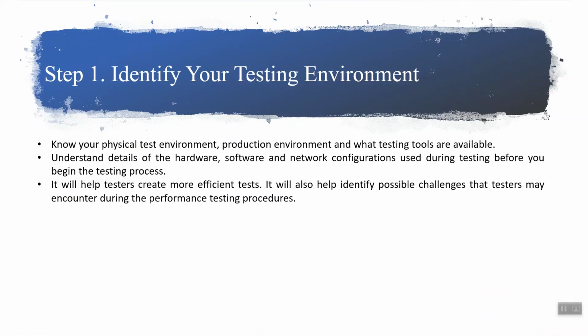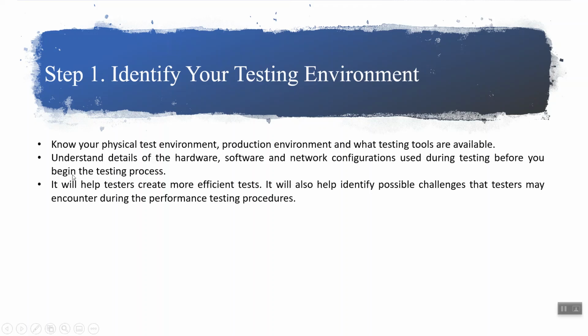First one is identify your testing environment. Here, a tester needs to know your testing environment, which environment they are using for the performance testing, either test environment or production environment, and what testing tools are available for the performance testing.